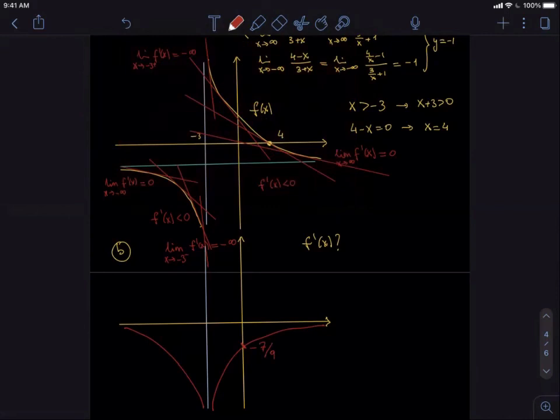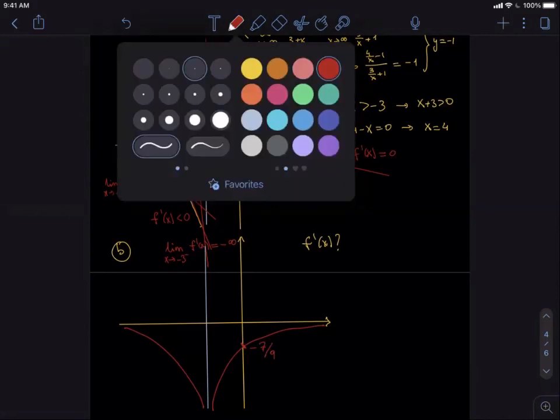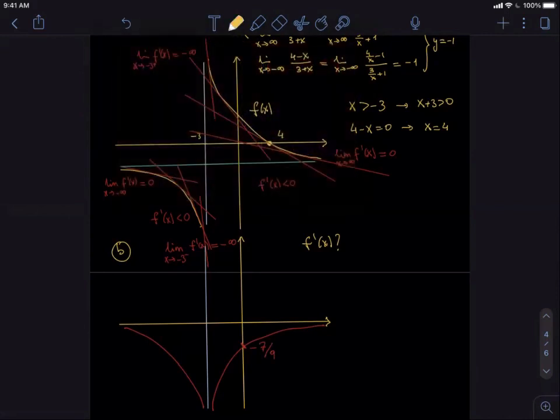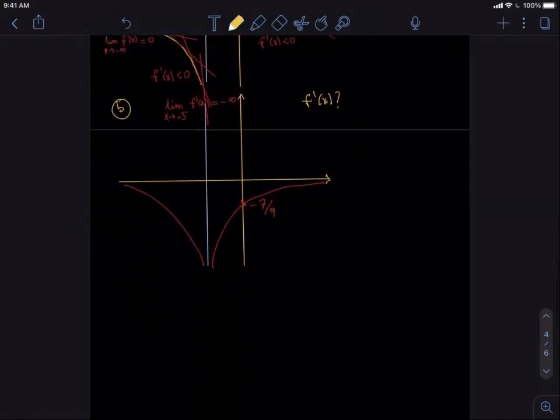Okay, if you are wondering how I found this out, you can do the derivative, or we can do it by the definition as the problem is asking. So let's do that. Here, so C, we have f of x, that is 4 minus x divided by 3 plus x. Remember, if the problem is saying to find the derivative using the definition, you need to do the definition.